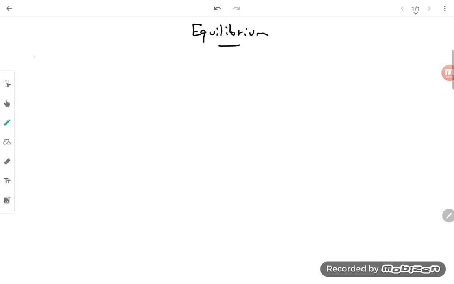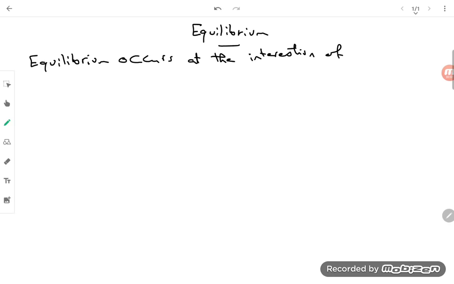So equilibrium occurs at the intersection of the market demand and the market supply curves.